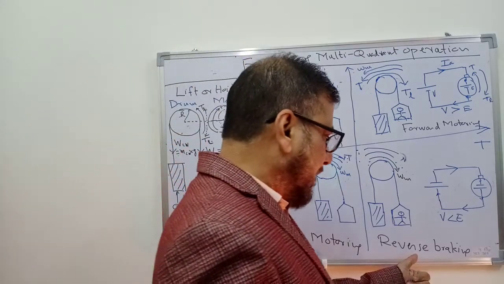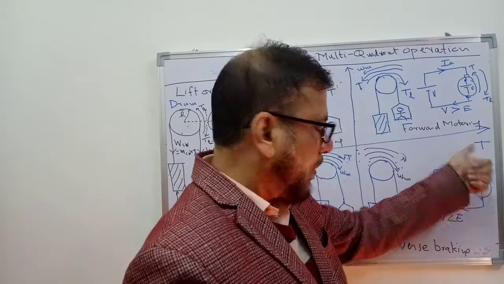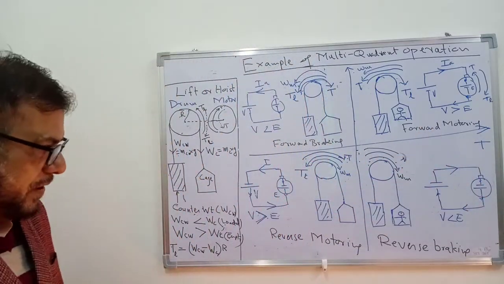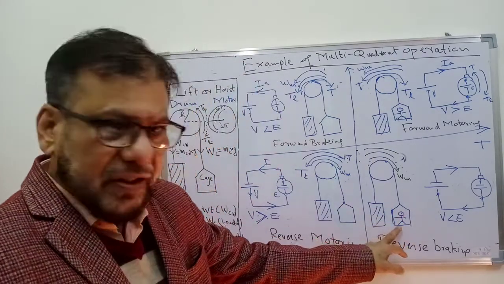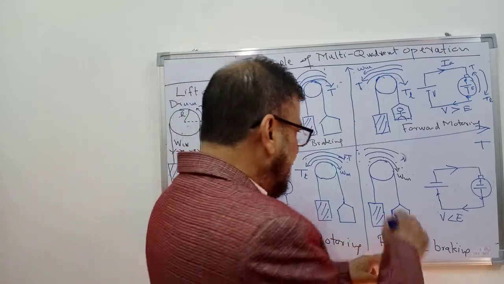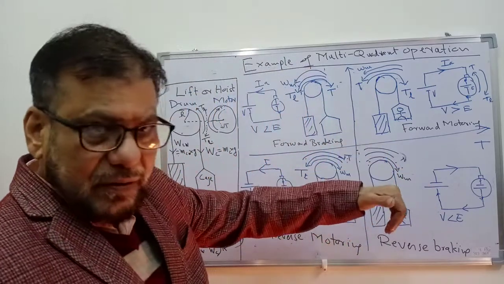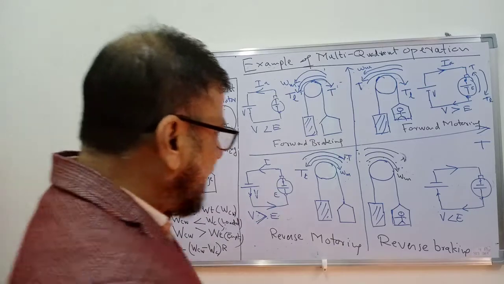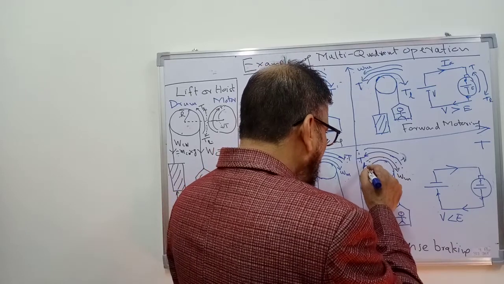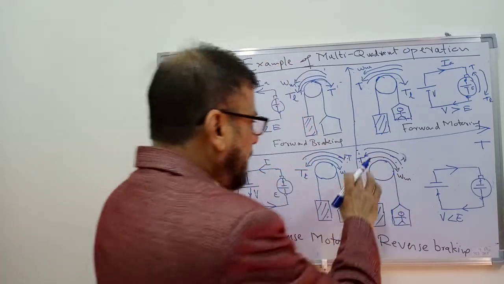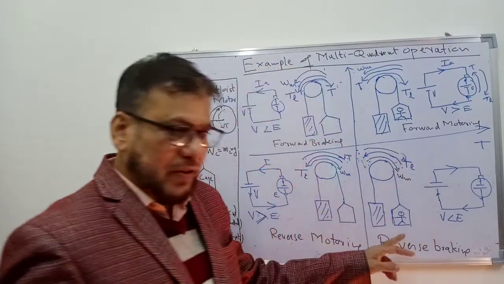And finally, the reverse braking or fourth quadrant operation. If speed is negative, torque is positive. So we are in the fourth quadrant. It is reverse braking operation. Here the cage is loaded, and we have to move the cage downwards. So speed has to be in the clockwise direction, and the load torque is also in the clockwise direction because it is a loaded cage.